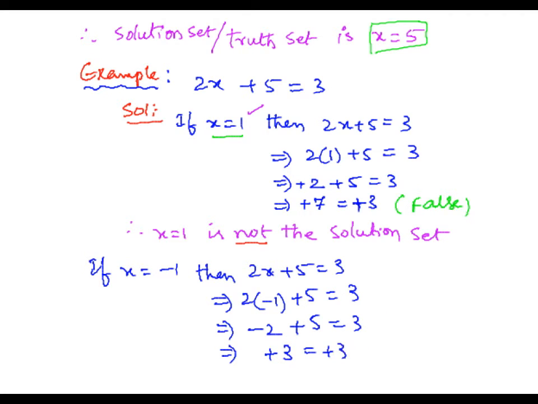So here the condition is plus 3 on the left hand side and plus 3 on the right hand side, with the equality symbol in between. Therefore 3 and 3 are equal, the condition is true, or the statement is true.